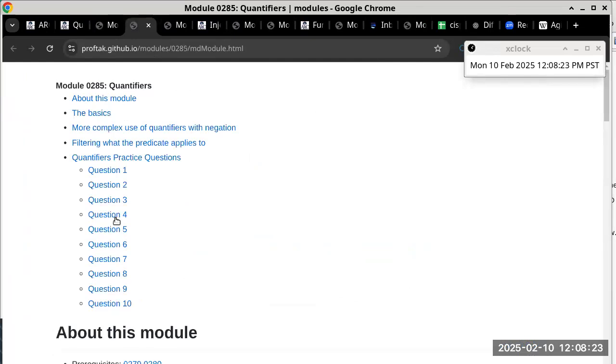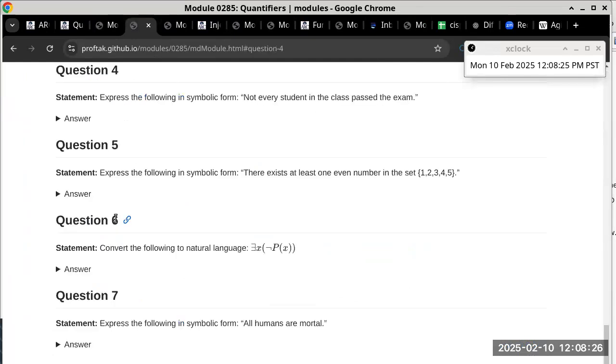Okay, number 4. This one says express the following in symbolic form: not every student in the class passed the exam. So that means there exists one person who did not pass the exam.